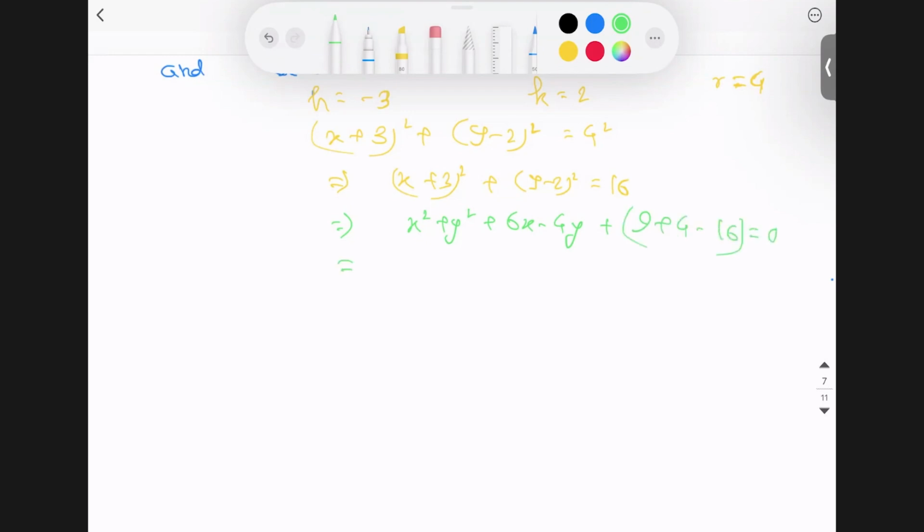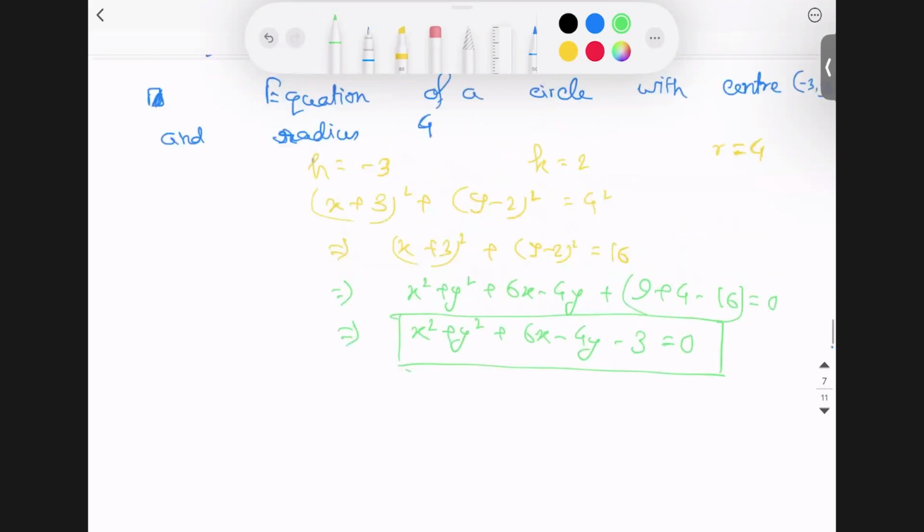So this will imply x square plus y square plus 6x minus 4y minus 3 is equal to 0.